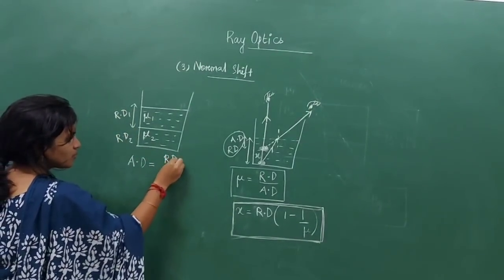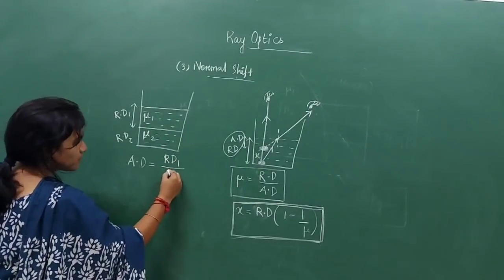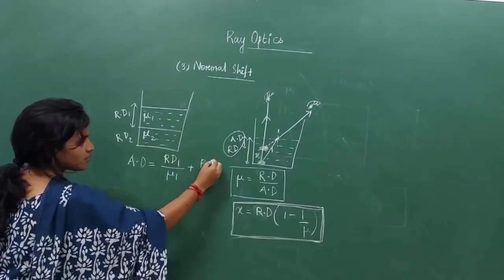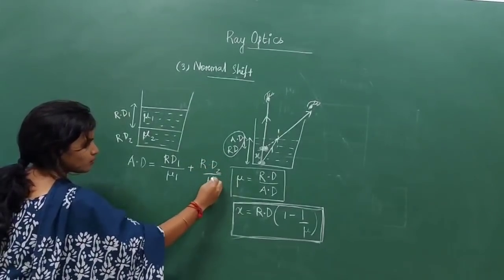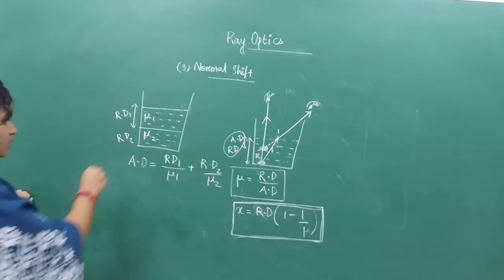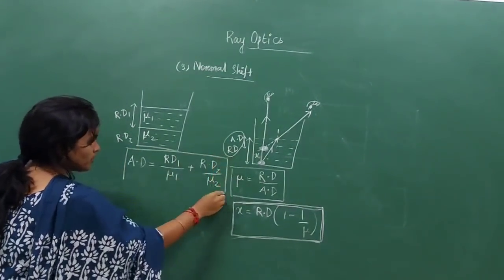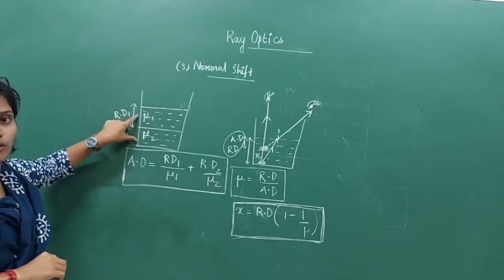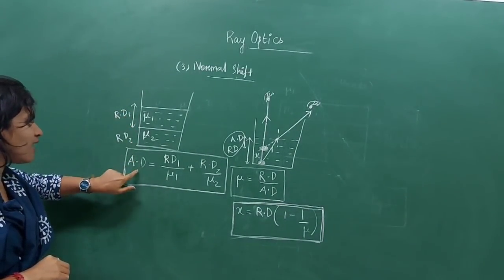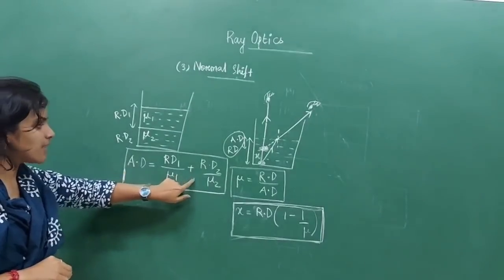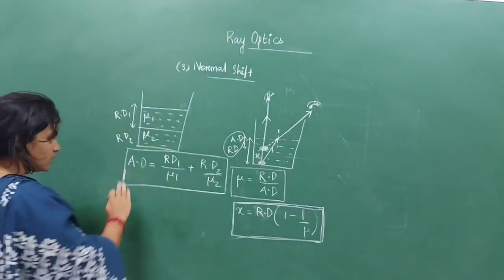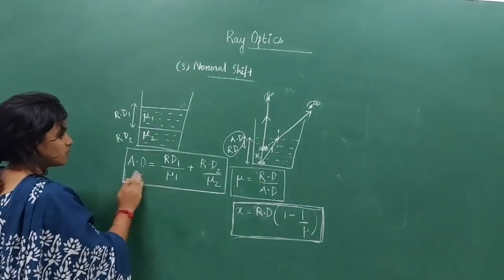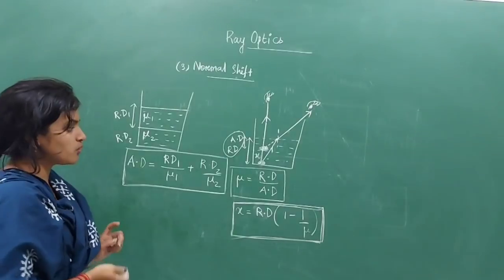So it is real depth 1 by mu1 plus real depth 2 by mu2. This is for multiple liquids that cannot be mixed. This is also important. A question may be asked using this formula, so remember it.